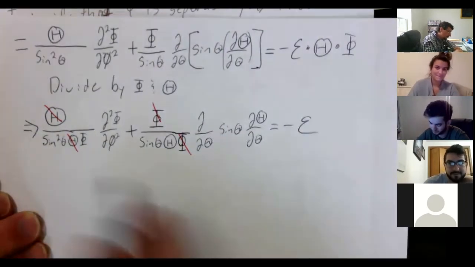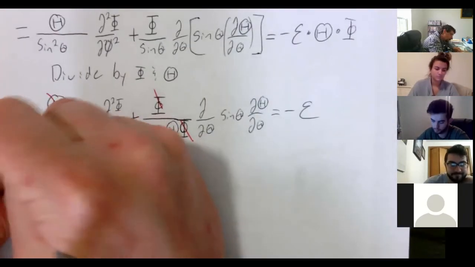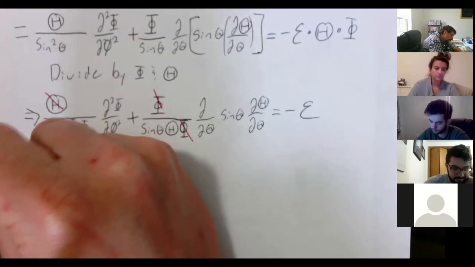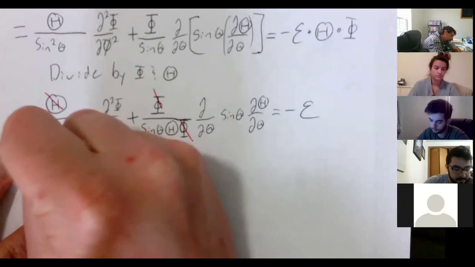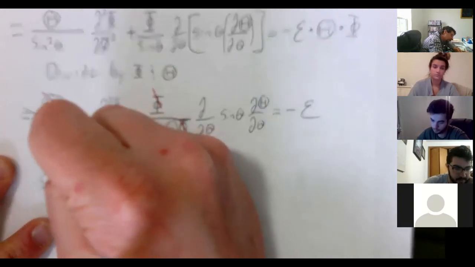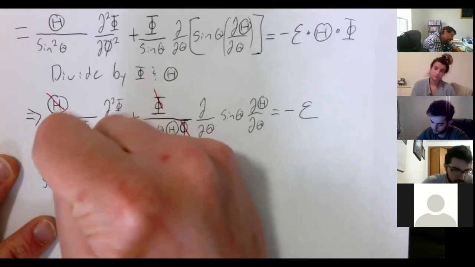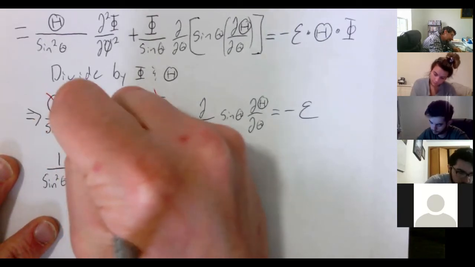All right, so we get this in the end. 1 over sine squared theta, I'll just call it I for now. Now I'll call it phi. I'll go back.